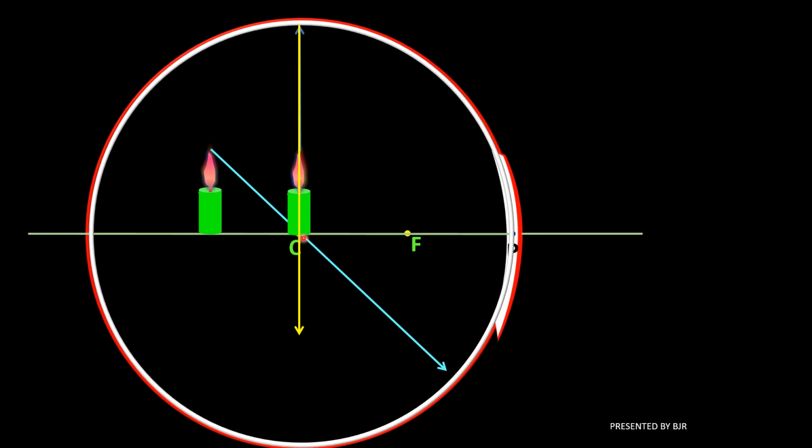So I don't want to draw this reflected ray from here. I want to draw the reflected ray just from the tip of the object, that is the candle. So from here only I will draw the reflected ray like this. That's all. This is a reflected ray. This is also a reflected ray. Next, let us place a candle here.